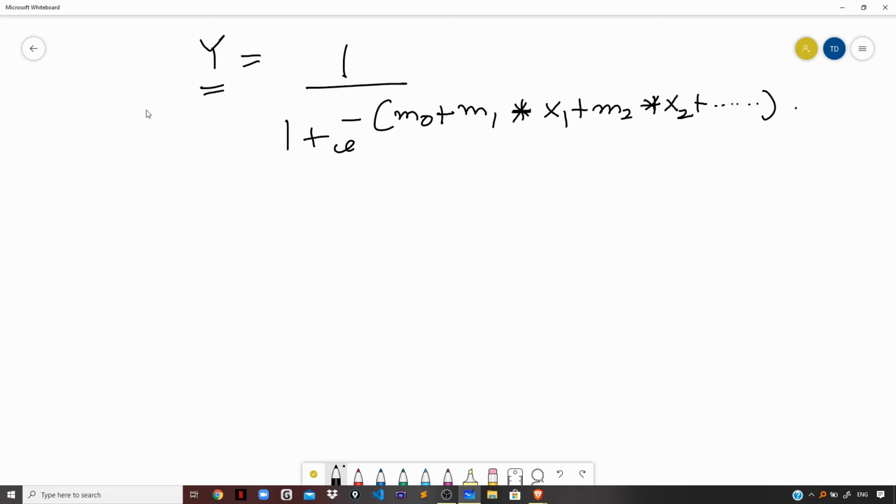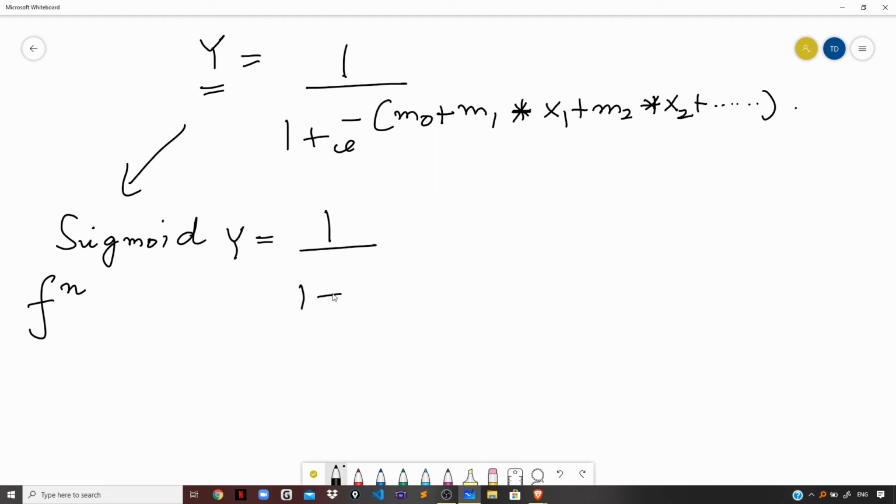So let us understand the shape of the logistic regression function. The function is known as the sigmoid function that we had discussed, which is y is equal to 1 by 1 plus e raised to the power of minus b. So let me trace a graph for this. Let us take some points along the y-axis.